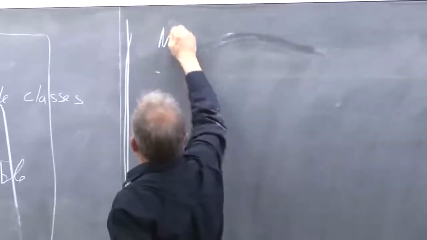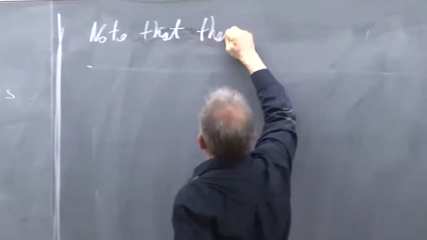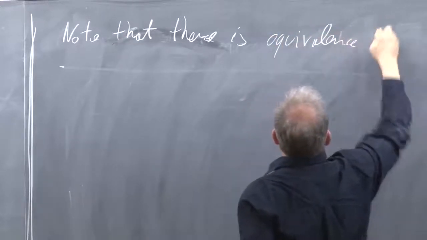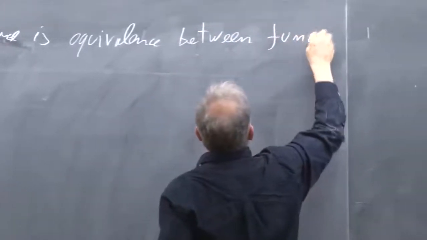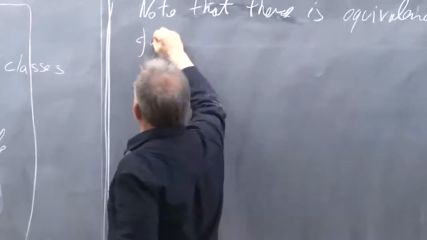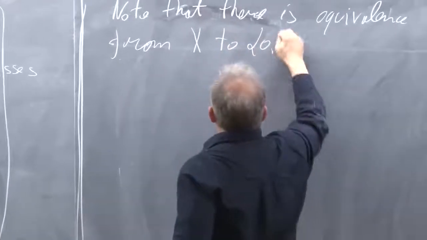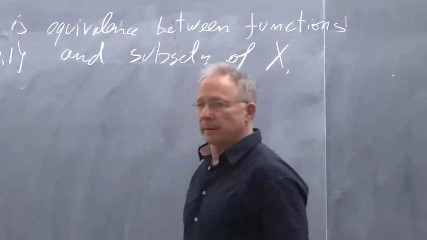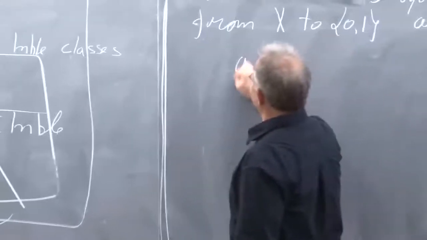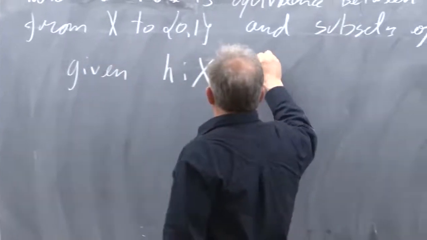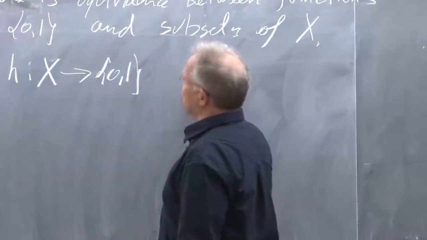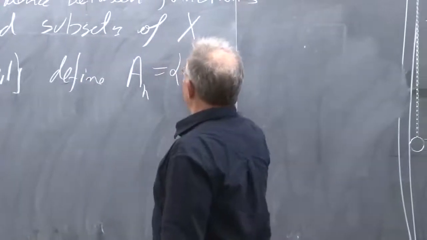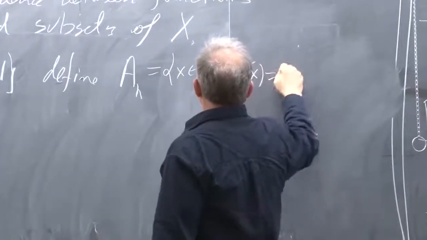So note that there is an equivalence between functions from X to 0, 1 and subsets of X. Given any h that goes from X to 0, 1, I can define a set A_h to be the set of all x in X such that h of x equals 1.